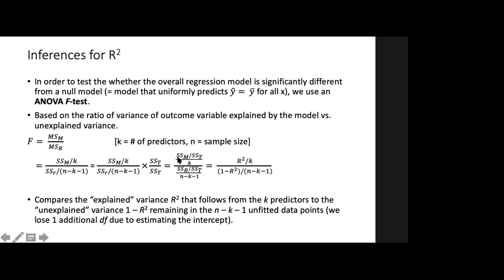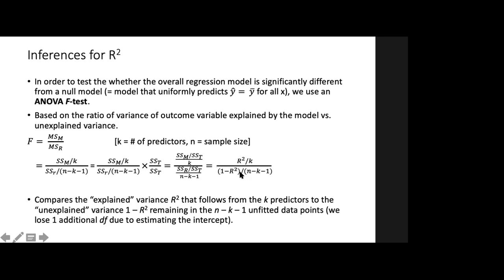If we do some very simple transformations, we can see that this ratio can also be expressed in the following way. We see that this is really a test of R squared: R squared divided by its degrees of freedom, which is the explained variance, the variability explained by our model, over the unexplained variability.